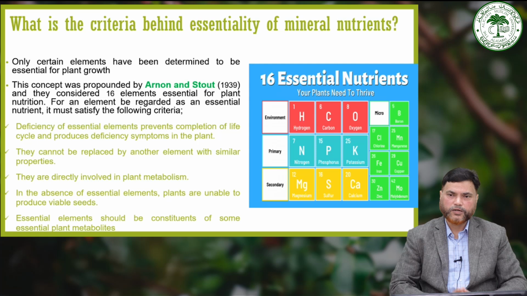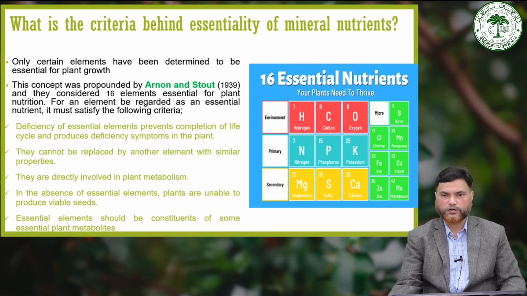and so for an element to be considered an essential nutrient, it must meet a specific criteria. So, what are these criteria? Number one, deficiency of an essential element must prevent the completion of the life cycle of the plants and result in deficiency symptom. So, plant will not be able to complete its life cycle in the absence of a particular element.